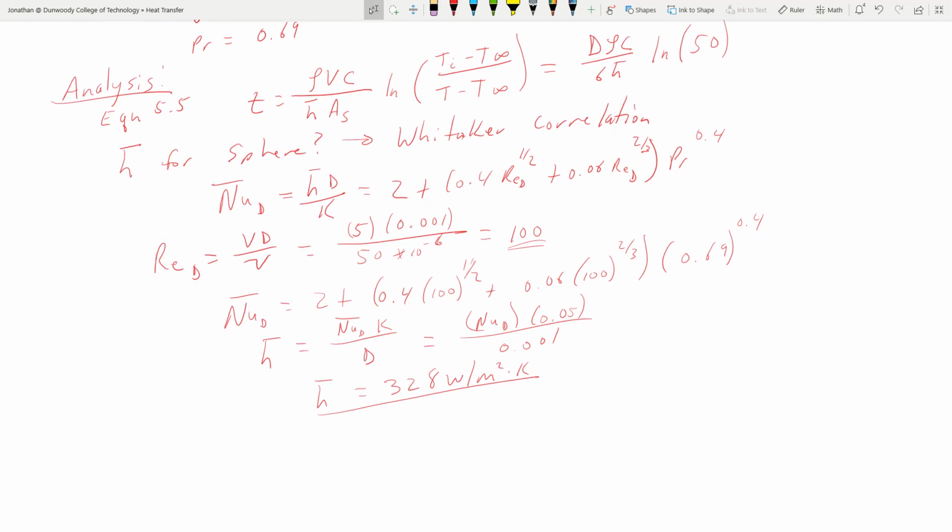So looking back at the Biot number just to verify that we can do it, it's going to be H bar R of the outside over 3 times k.